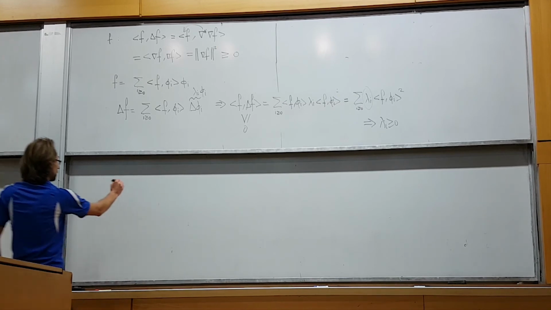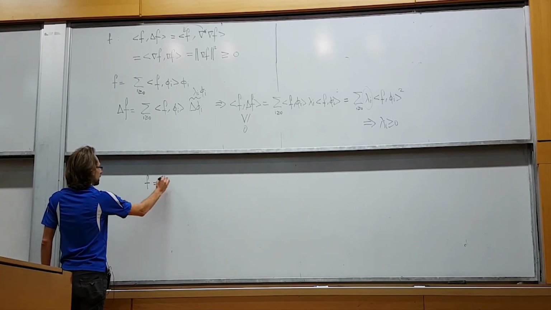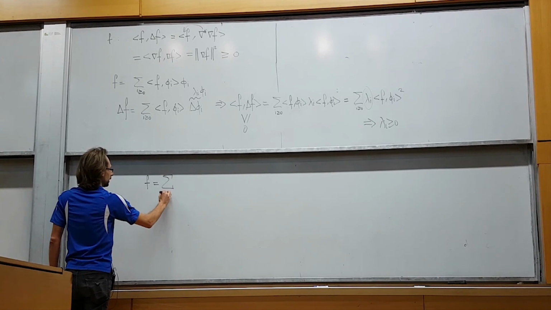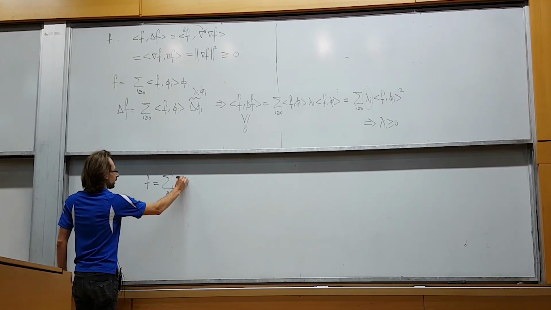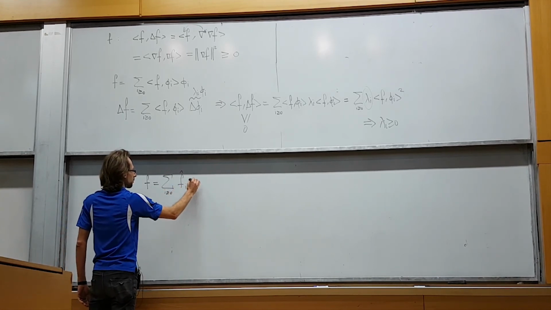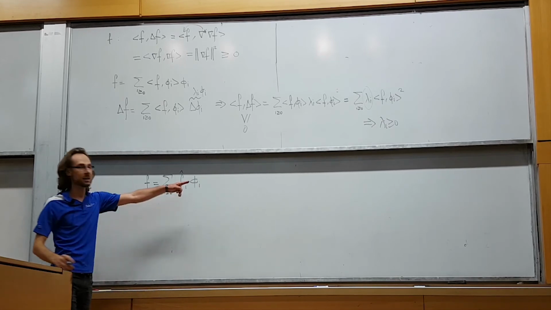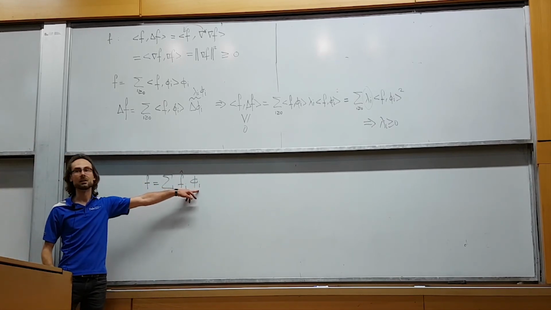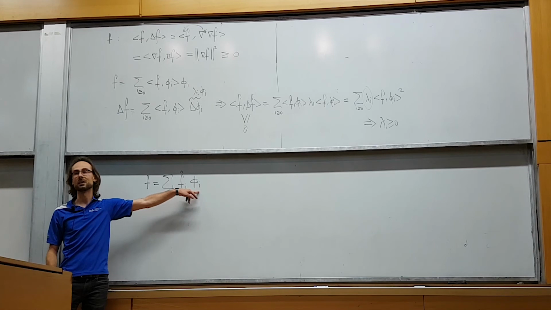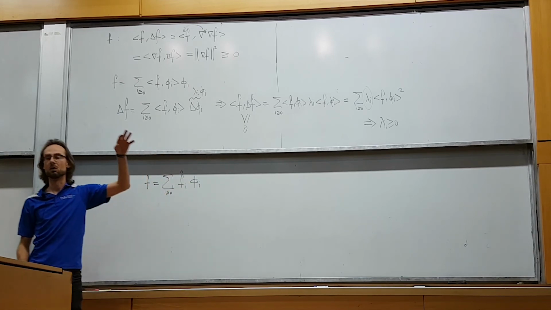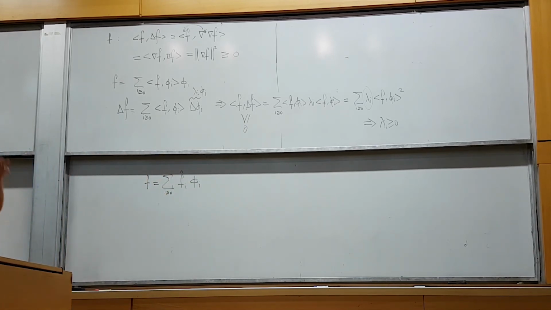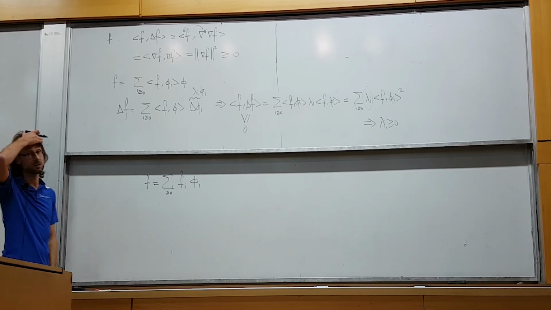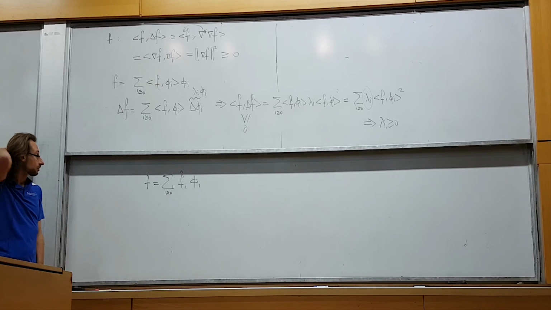So if I now take a scalar field and I write it in this way, okay, so I'm writing it in the eigenbasis of the Laplacian. It is also called the harmonic basis. These are called harmonic functions because of the physical interpretation of the Laplace equation.